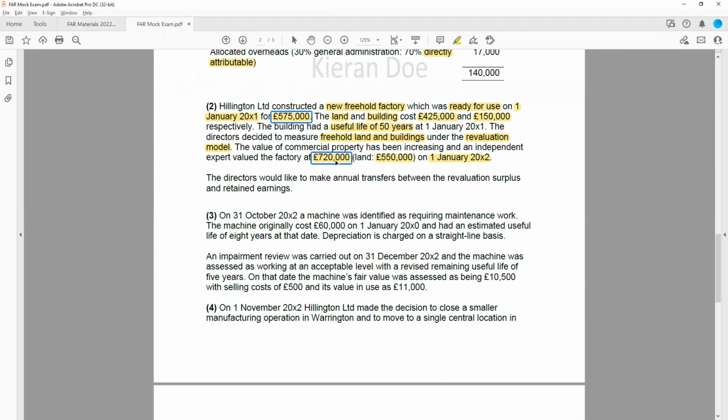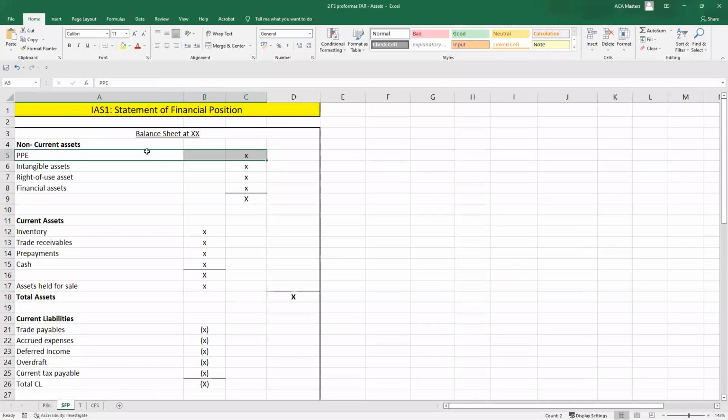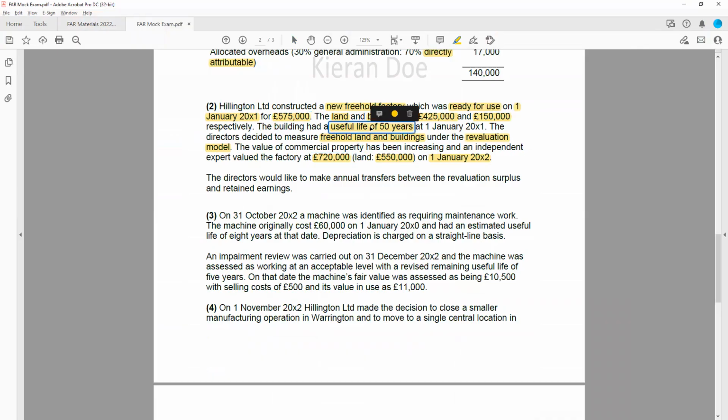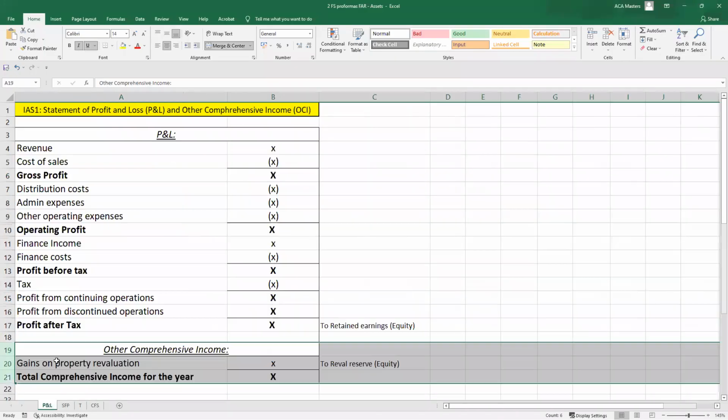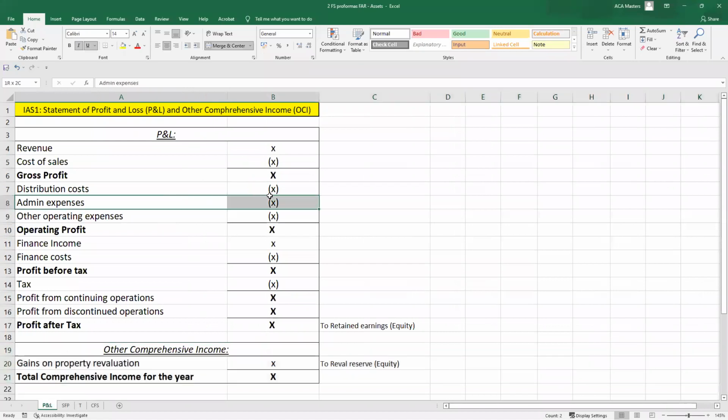As a result, there's going to be more depreciation because you have to depreciate the carrying amount over its useful life. If your asset has a higher value, but it's got the same useful economic life, you're going to have higher depreciation. So the building over the 50 years or whatever's left, so 9 years, we'd have the depreciation going through the P&L, but that's now going to be higher.